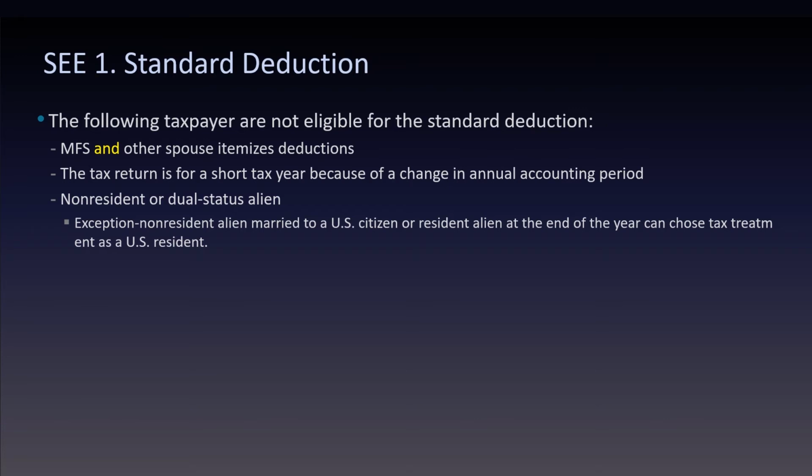If one spouse itemizes deductions, the other spouse must also itemize in order to claim deductions. So in the case of married filing separately where the other spouse uses itemized deductions, you have to follow itemized deductions, not the standard deduction.